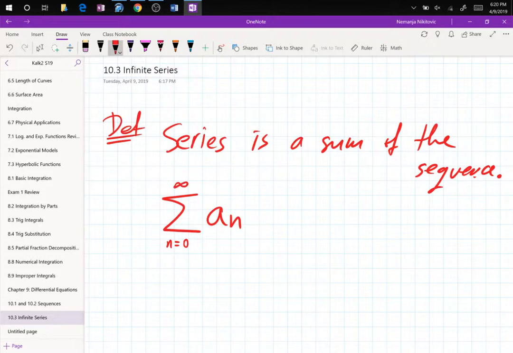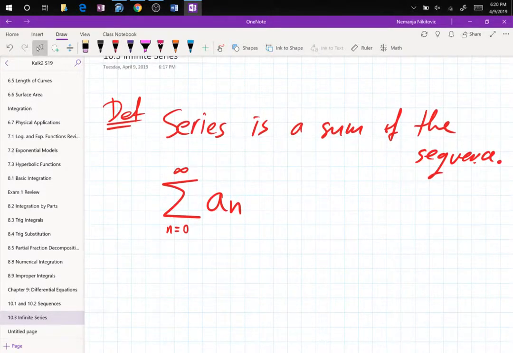And in many cases, the cases that we are going to consider in our calculus course, it goes to infinity. I'm just going to point a purple arrow there and say infinite series.